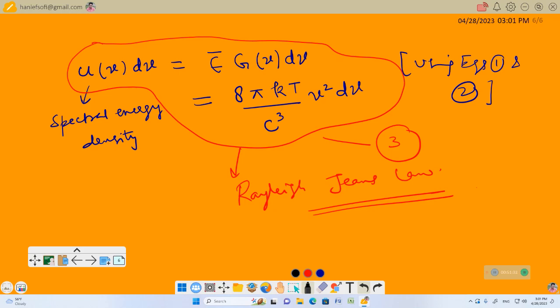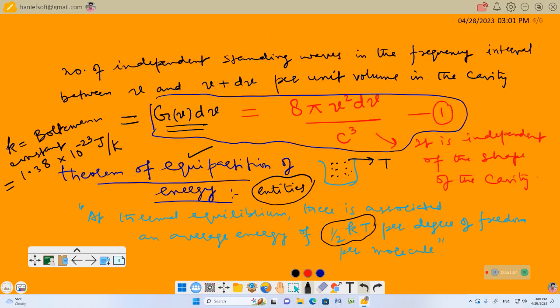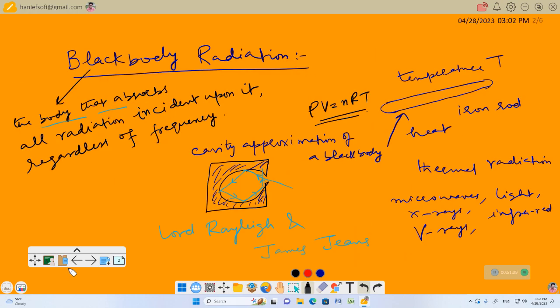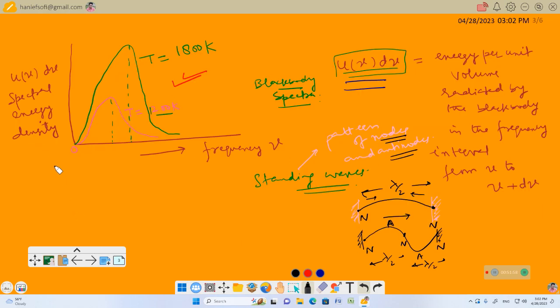Now, before leaving, I must summarize the lecture. First, we defined black body. Then we said it is an ideal body in case of thermal radiation. How we approximate it in the lab: a hole leading into a cavity. Then we said when we experimentally see its spectrum, we get these types of curves.